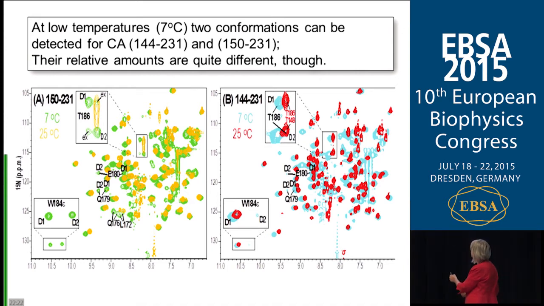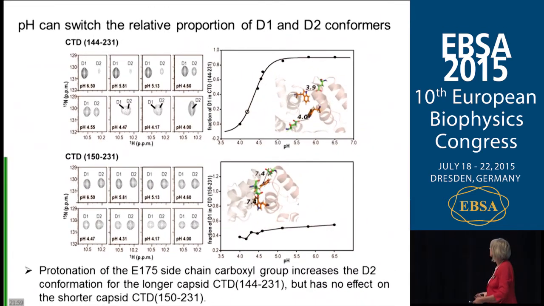We did our structure at 25 degrees for the longer construct, and we could not see another form. However, if we go to low temperature, 7 degrees, we see a tiny bit of a second form there. So we can pick up even different conformers for the dimer by NMR. What was interesting to see is that these 2 dimers behave differently, and in the long dimer, we can actually switch conformers by pH.